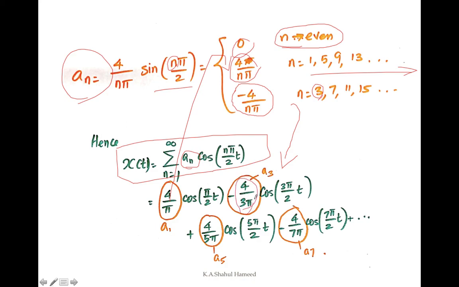So a3 is minus 4 by 3 pi, a5 is plus 4 by 5 pi, and a7 is minus 4 by 7 pi, and the series will go up to infinity. So this is the trigonometric Fourier series.